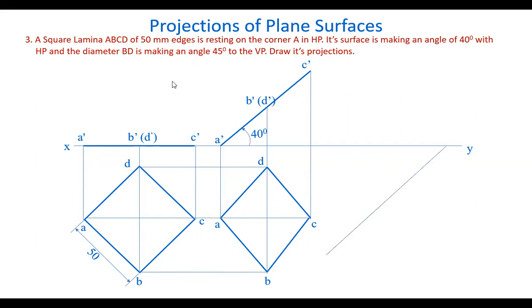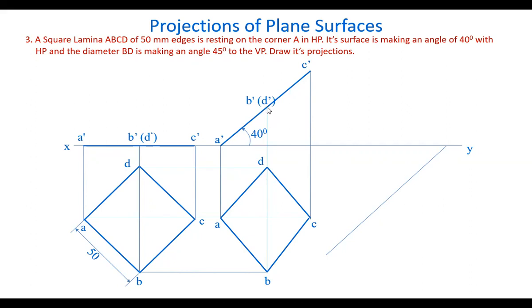Now we want the diagonal BD. Here if you see AC and BD are diagonals, right? It's not diameter, it's a diagonal. So the diagonal AC is making an angle with HP. Okay, but this diagonal BD is here.